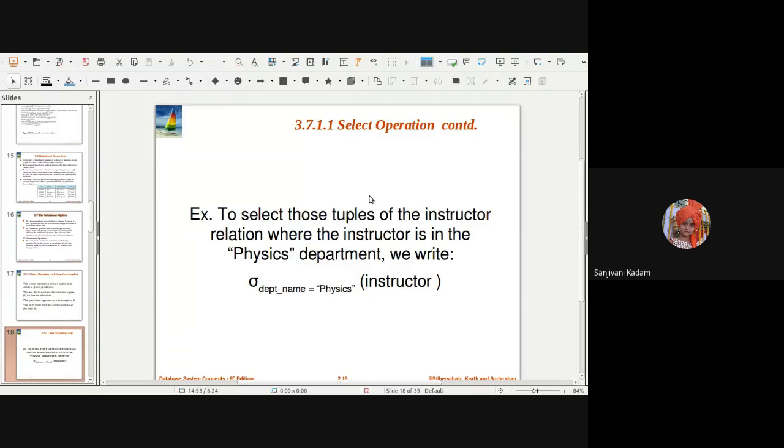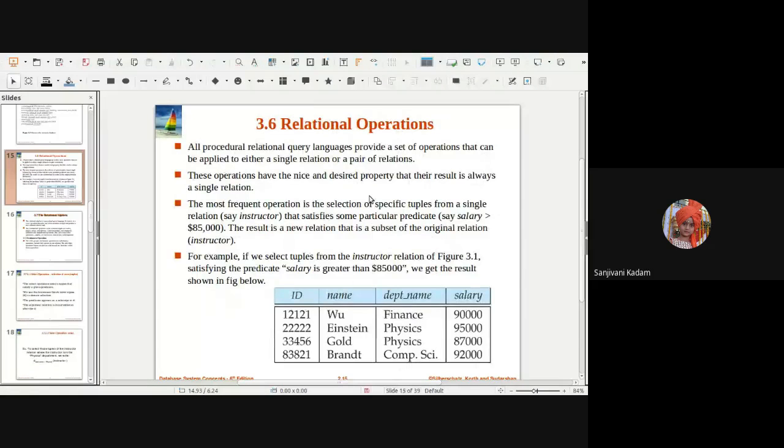In the instructor relation, do we have any column with the name department? No, we have four columns: ID, name, department name, and salary. If I'm saying the instructor belongs to the physics department, clearly I'm talking about the department name attribute. So we should apply the condition that department name is equal to physics.